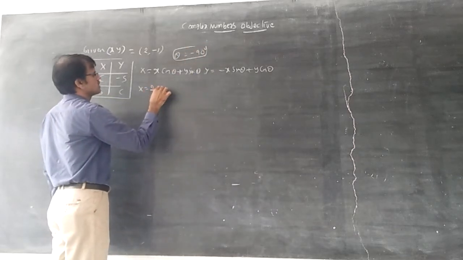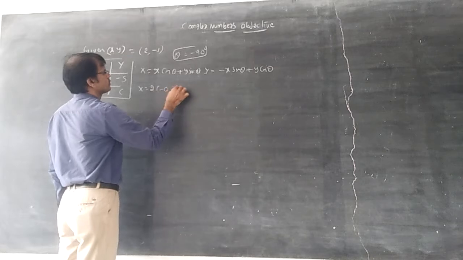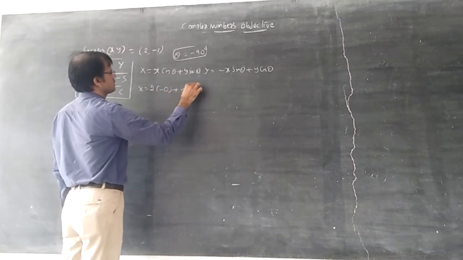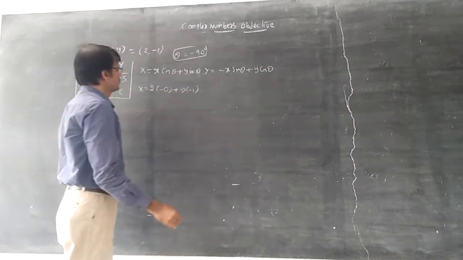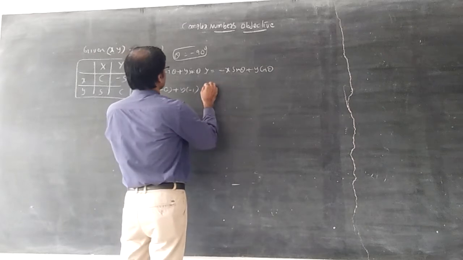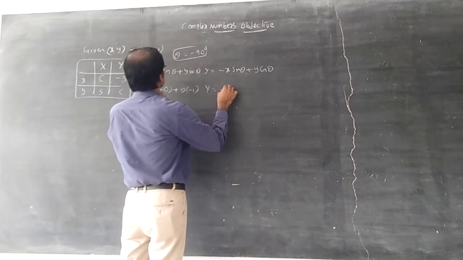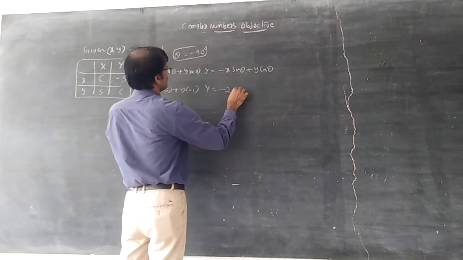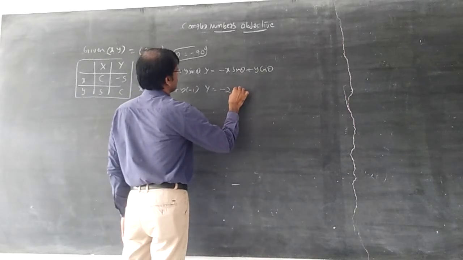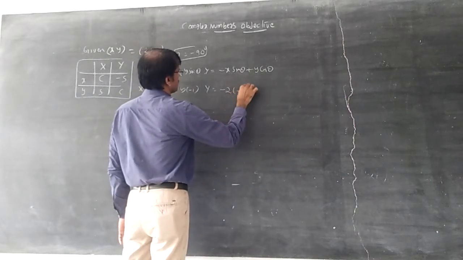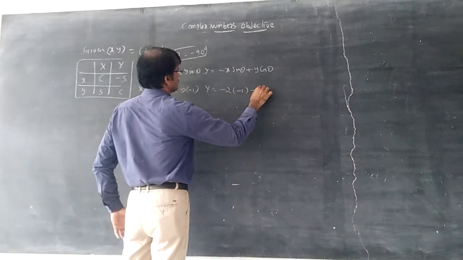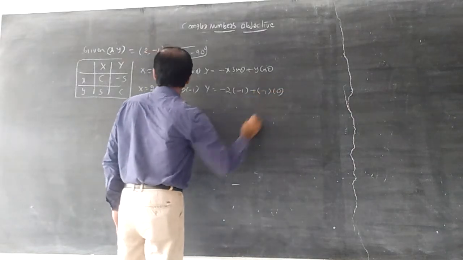So capital X is 2 into cos of minus 90, which is 0, plus y into sin, this is minus 1. Y is equal to minus x, so minus 2 into sin 90, this is minus 1, plus this is minus 1 into 0.